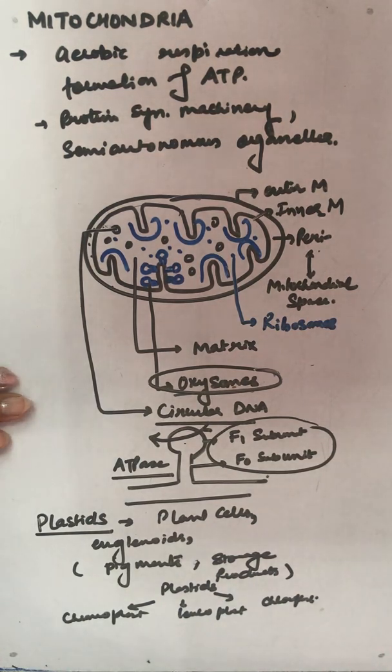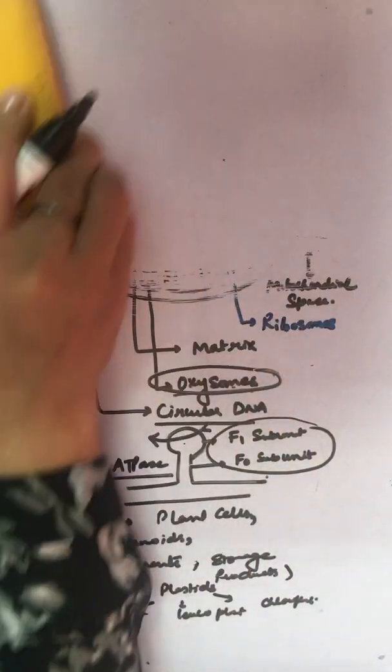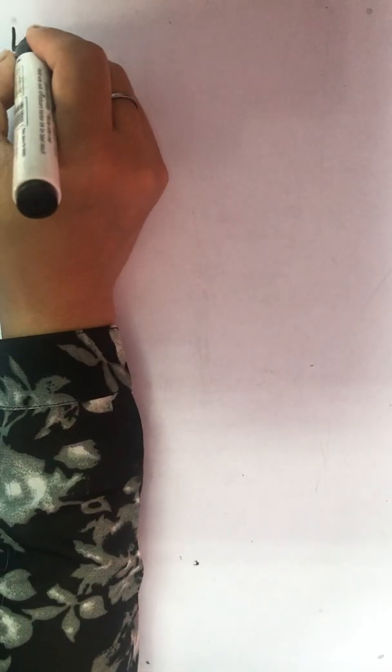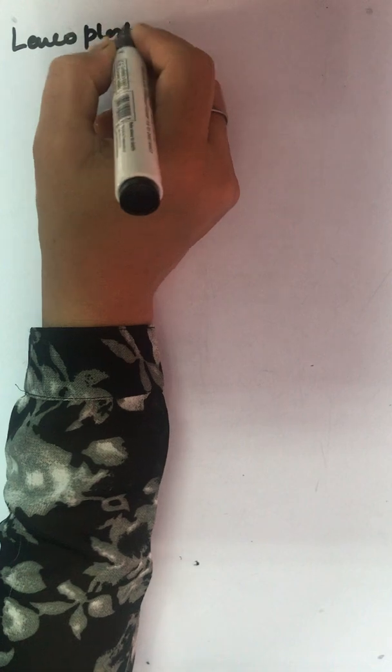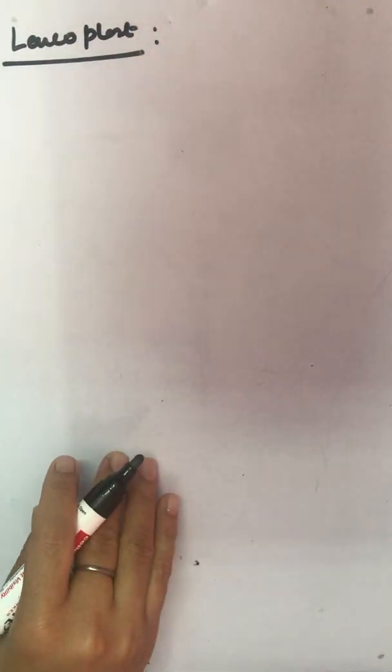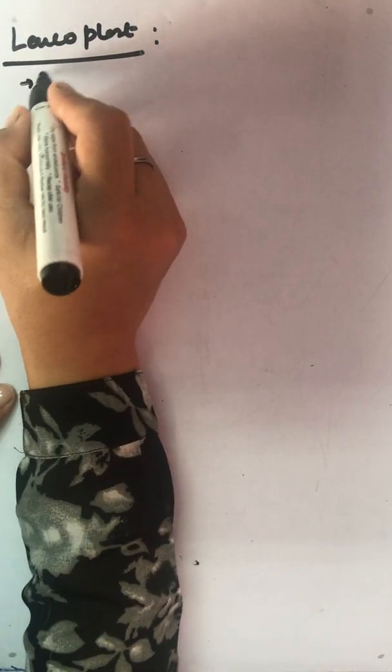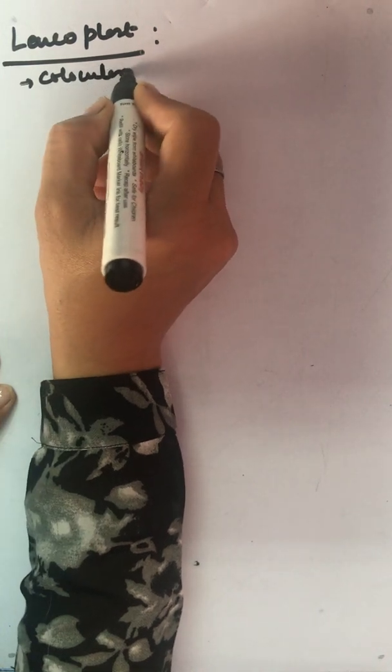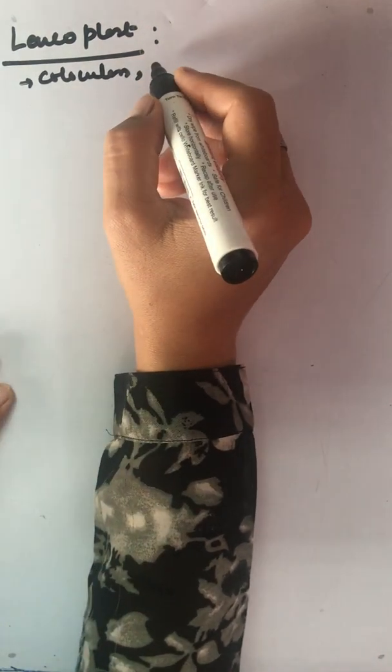Now when we talk about the first one, leucoplast, we say these are colorless, usually found in storage organs.